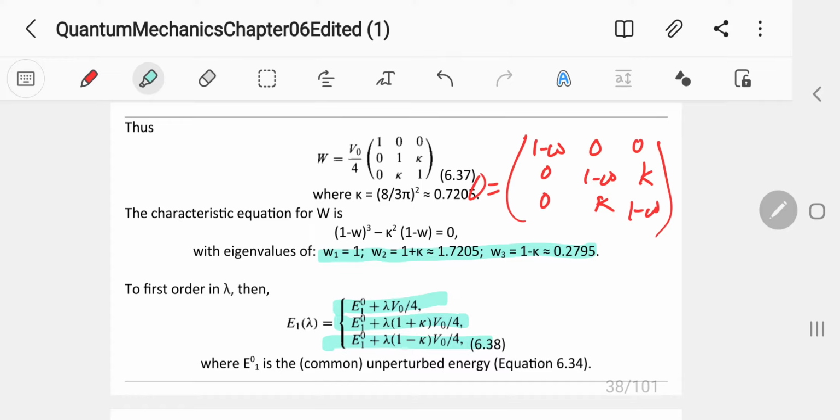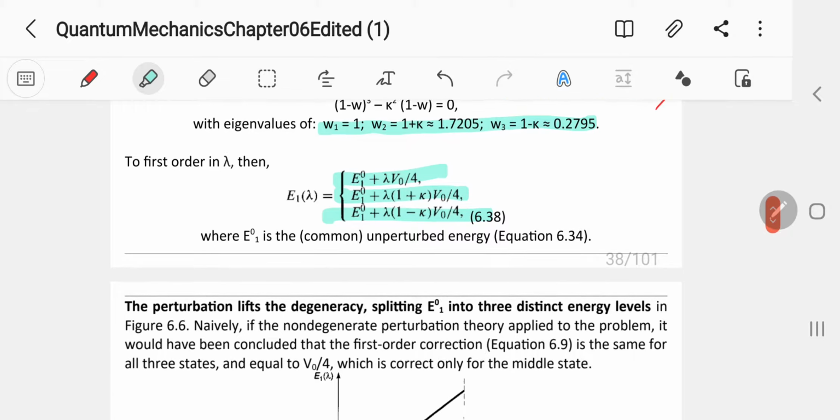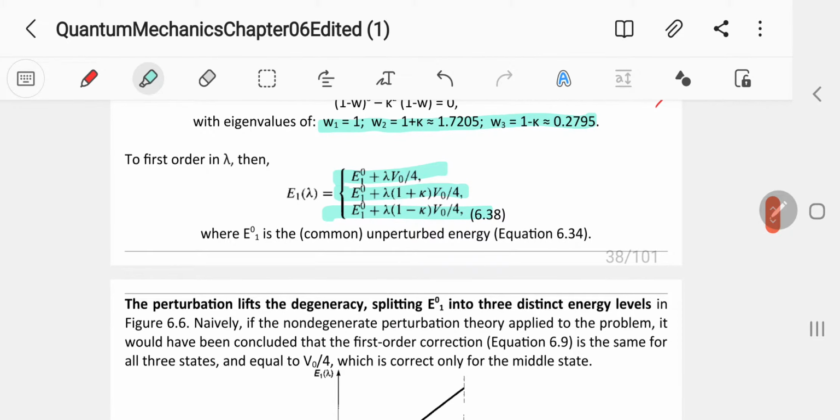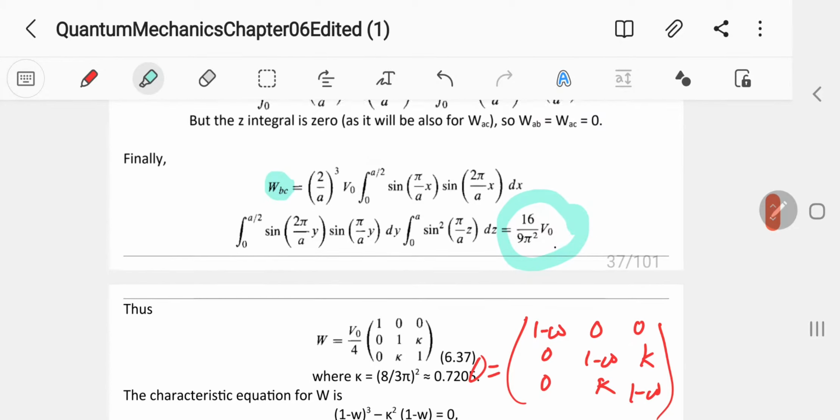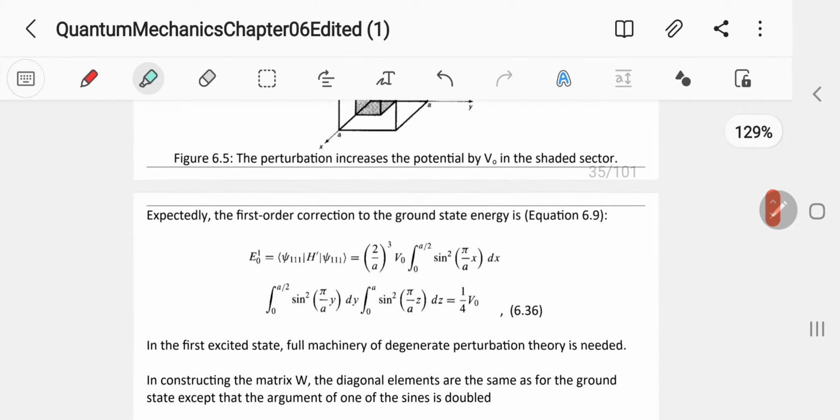So the energy level would have to be split into three energies. Here E10 is the common unperturbed energy, equation 6.34.